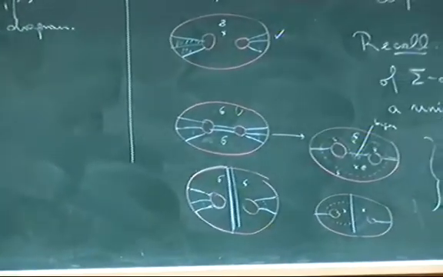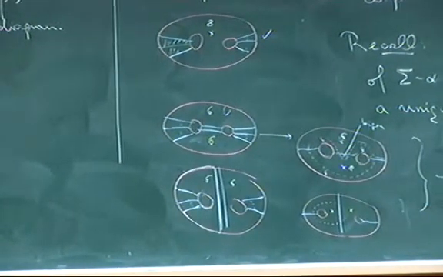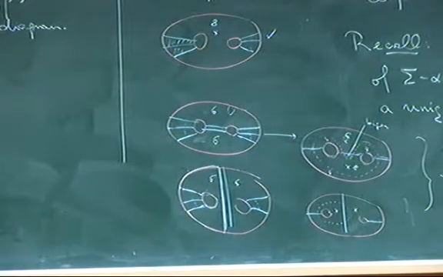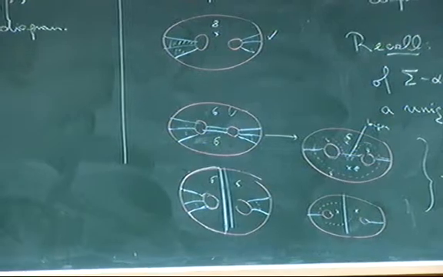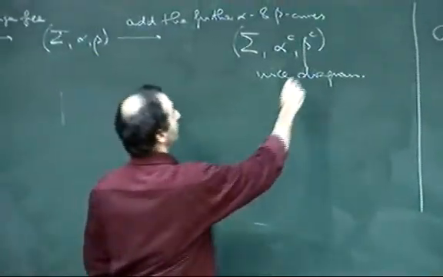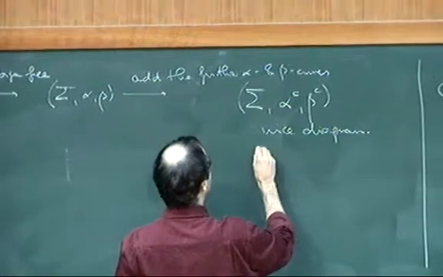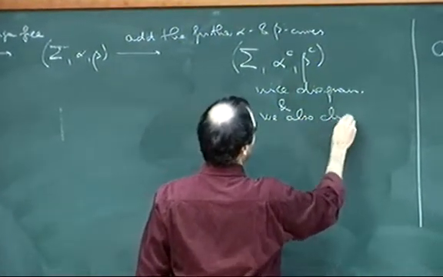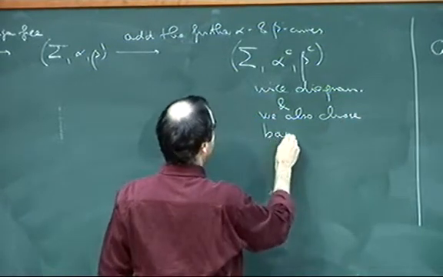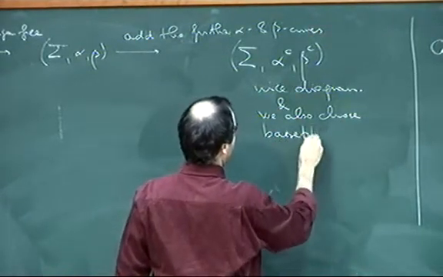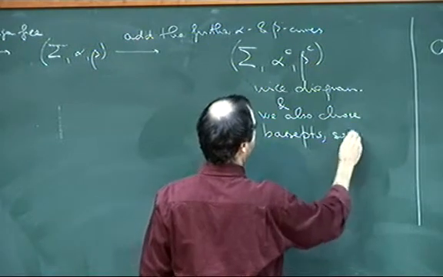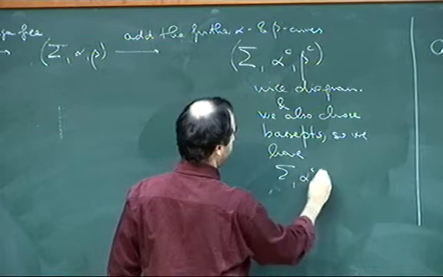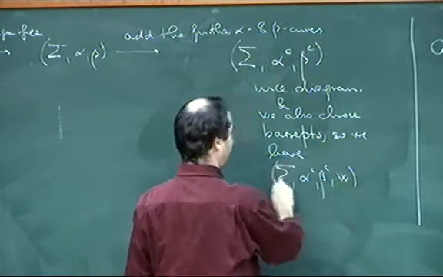Okay, so now what we would like to do, what I will do tomorrow or whenever, in my last lecture, is produce a chain complex from this diagram. We also chose base points. So we have sigma, alpha completed, beta completed, and all these W's.